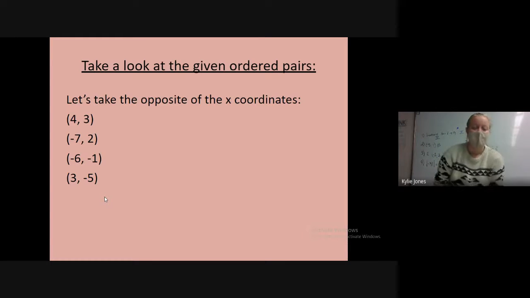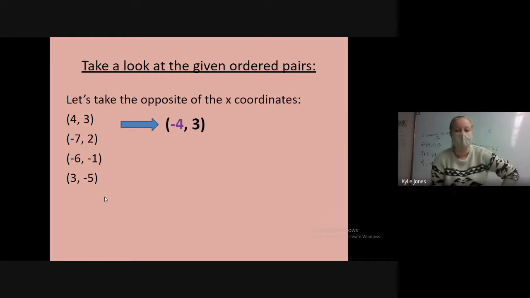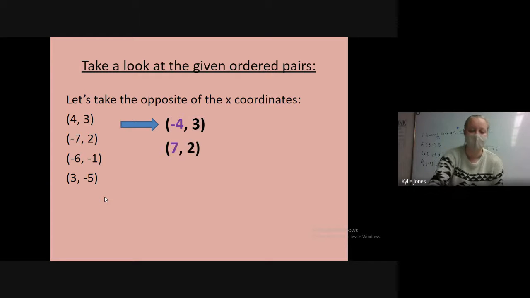It says take the opposite of the X coordinates. So what's the opposite of a positive 4? Negative 4. So we would make the first one negative 4, 3. The opposite of negative 7 is positive 7.